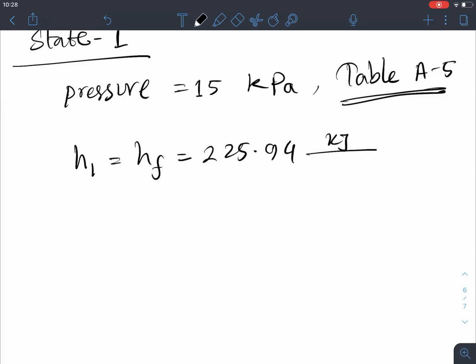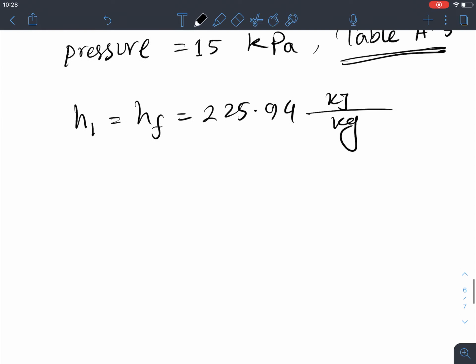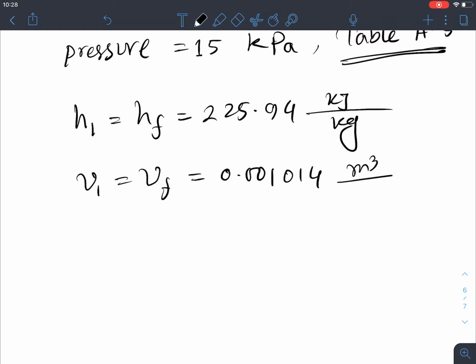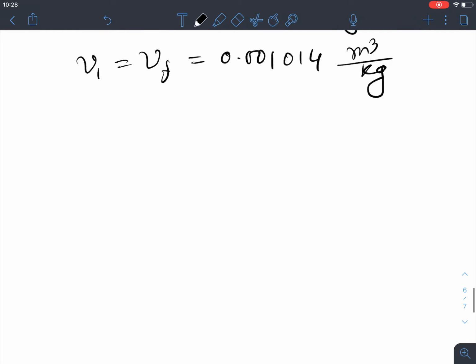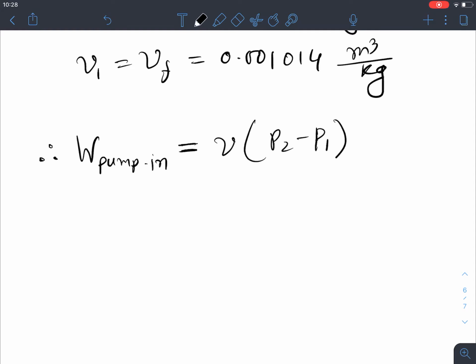So for that one, H1 equals hf, which equals 225.94 kilojoule per kg, and then v1 equals vf equals 0.001014 meter cube per kg. We know this information. Now what is the pump input? We know that W pump input equals specific volume times P2 minus P1.